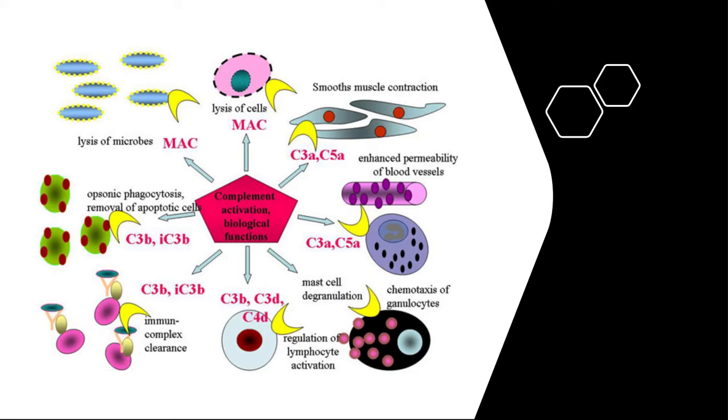Regulatory proteins can be overwhelmed when large amounts of complement are deposited on host cells and in tissues, as happens in autoimmune diseases in which individuals produce complement-fixing antibodies against their own cell and tissue antigens.